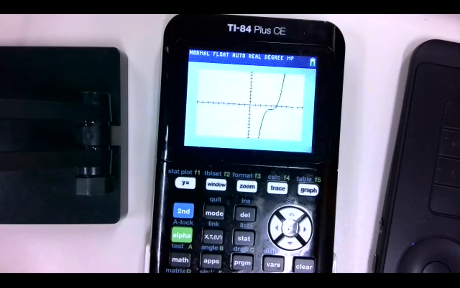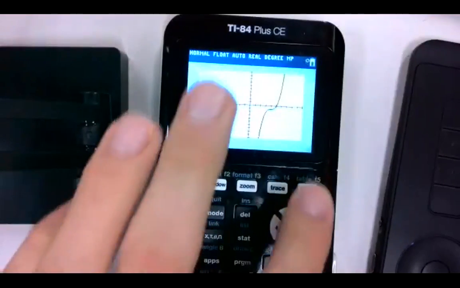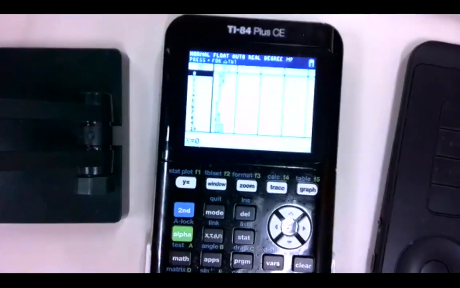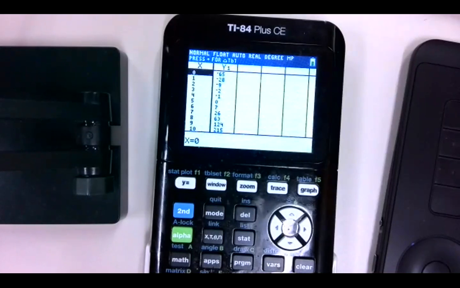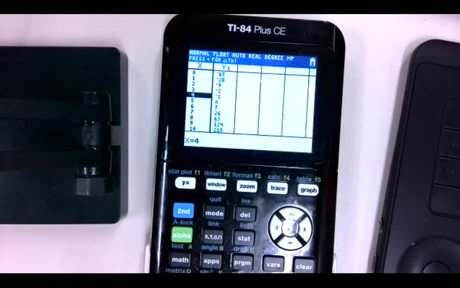By the way, don't just trust your graph. Hit second table and make sure you know where the vertex is. So remember, your vertex was at 4, -1. So these are the points that you would plot. Again, this is really all about knowing your vertex and how something is moving and what it should look like.